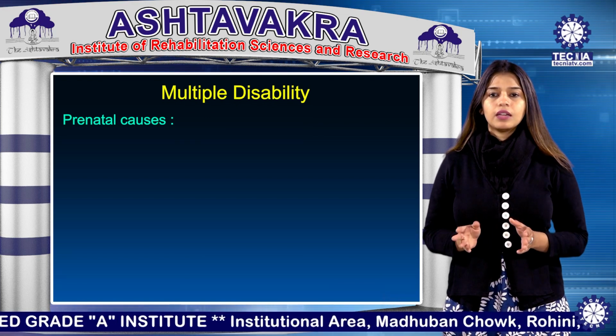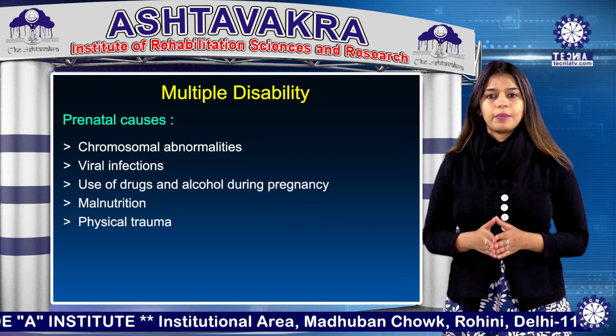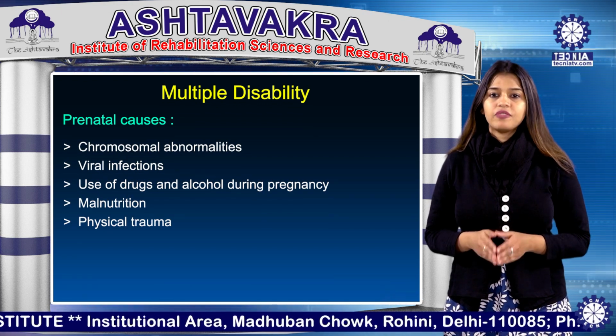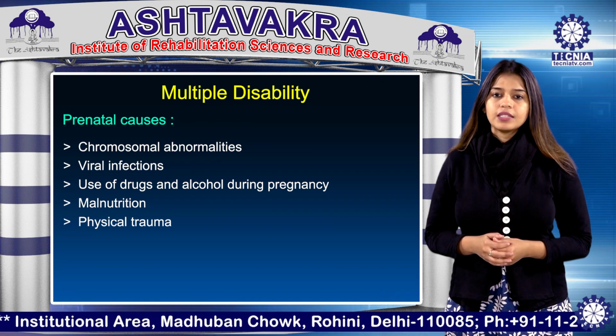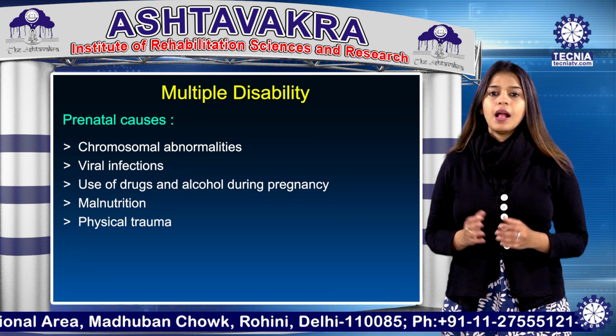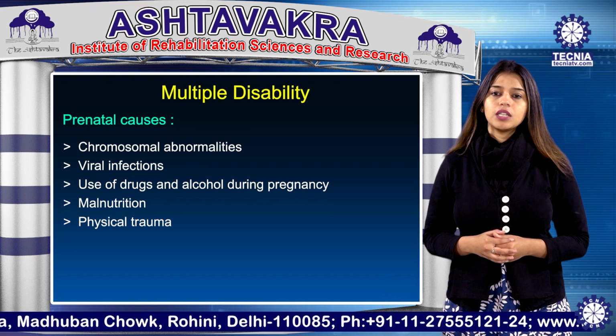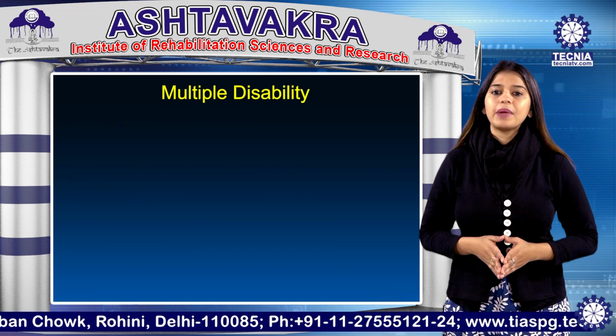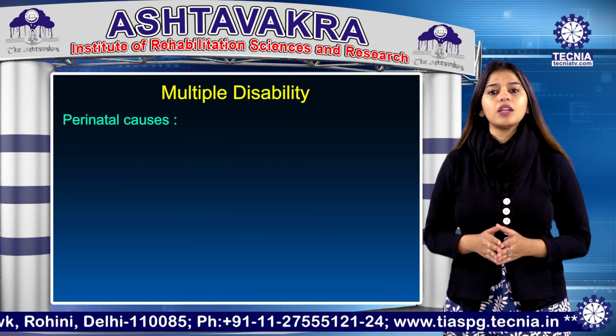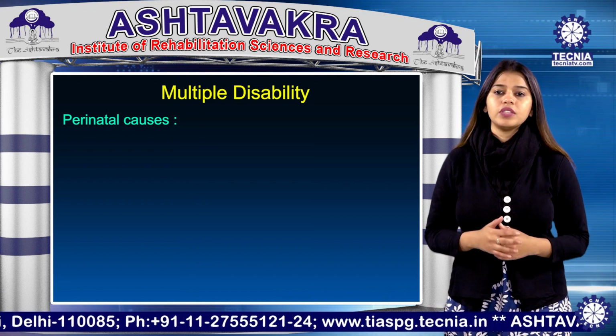In this, the causes can be chromosomal abnormalities, viral infections, use of drugs and alcohol during pregnancy, malnutrition and physical trauma. Second cause of multiple disability is perinatal cause, which means during the birth of the child.